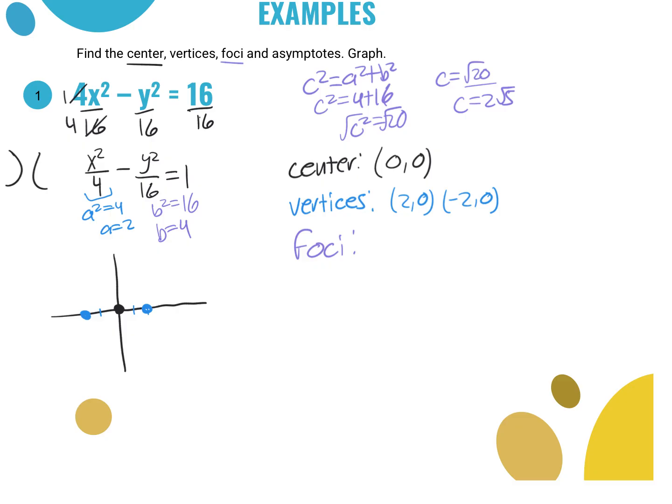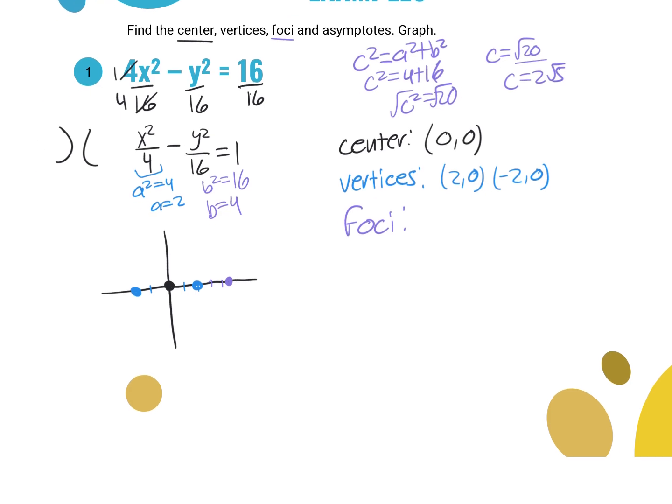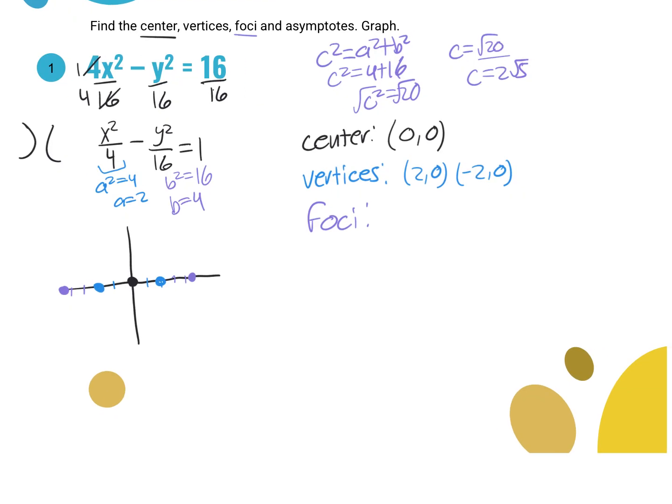So 1, 2, 3, 4, and a little more. And then I'm going to go backwards 4 and a little more, right? 1, 2, 3, 4, somewhere right there. And then those are your foci. As ordered pairs, that's going to be 2 square root of 5, 0, and then negative 2 square root of 5, 0.